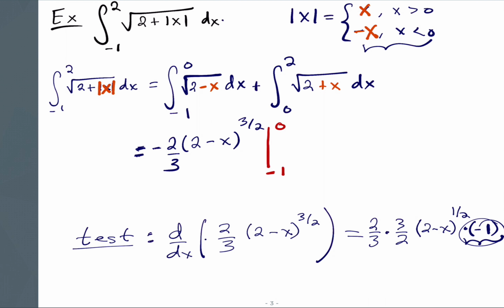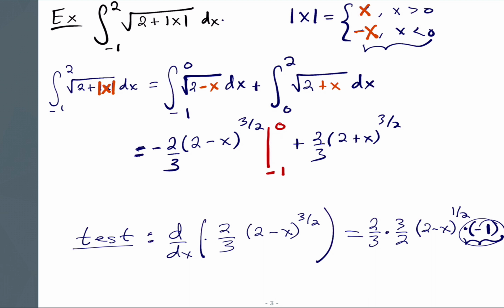let's see here, plus, what's the antiderivative of square root of 2 plus x? It's going to be similar, right? (2 plus x) to the 3/2, times 2/3. Do I need to do anything else with that one? No, right?